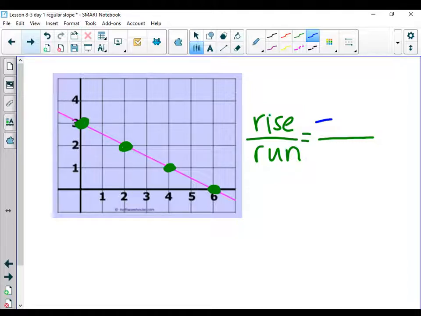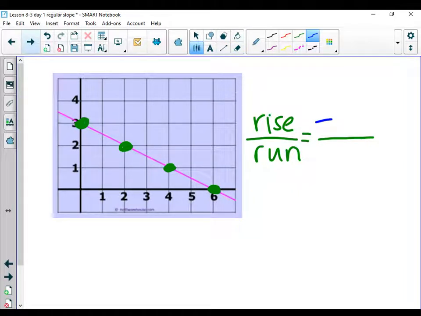Here's a kind of cool thing about slope. If Weston starts counting on this point down, and Zach starts counting on this point down, they should get the same thing. Because remember, our graphs don't have wiggles in them. It should be straight the entire time. So they could start at different points and get the same answer.